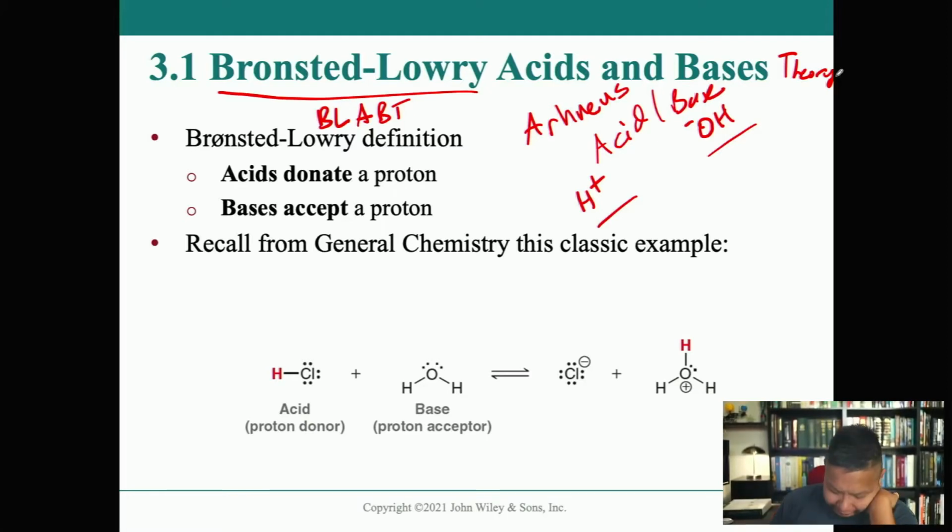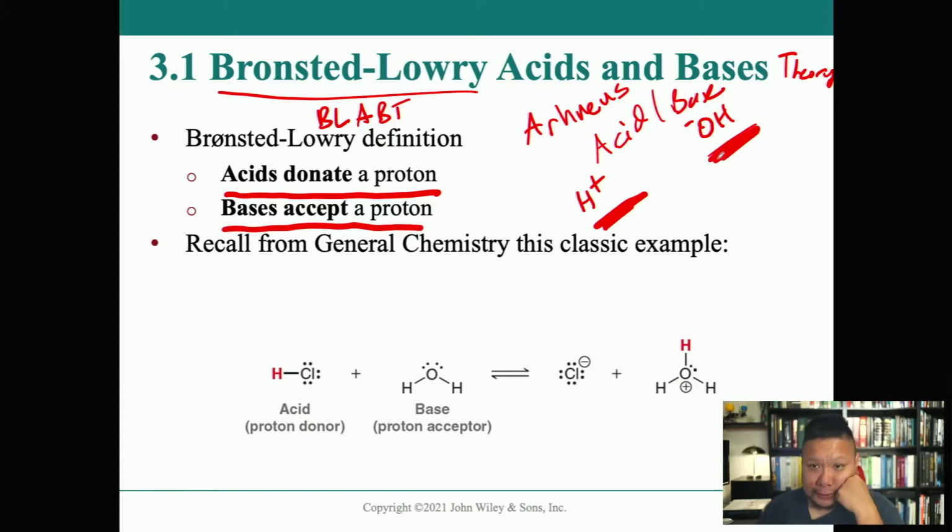In Bronsted-Lowry acid-base theory, the definition is that an acid donates a proton, just like in Arrhenius acid-base theory. But in Bronsted-Lowry acid-base theory, a base accepts a proton instead of donating a hydroxide, because there are a lot of things that could be bases and can accept protons.